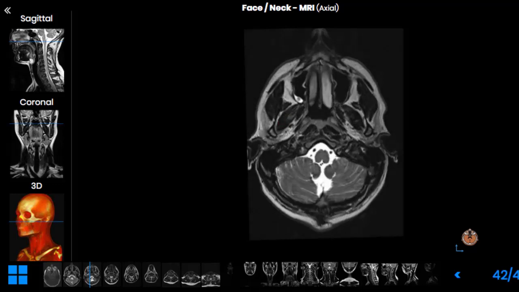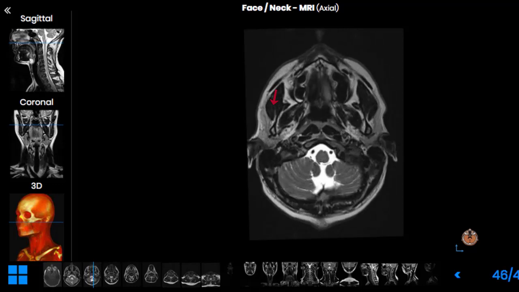What about other muscles? They are also present on this image, although you cannot see the lateral and medial pterygoid plate clearly, but this piece of hypointense area here is the medial pterygoid muscle. Here we have the termination of the temporalis muscle, and the large muscle outside here is the masseter itself.